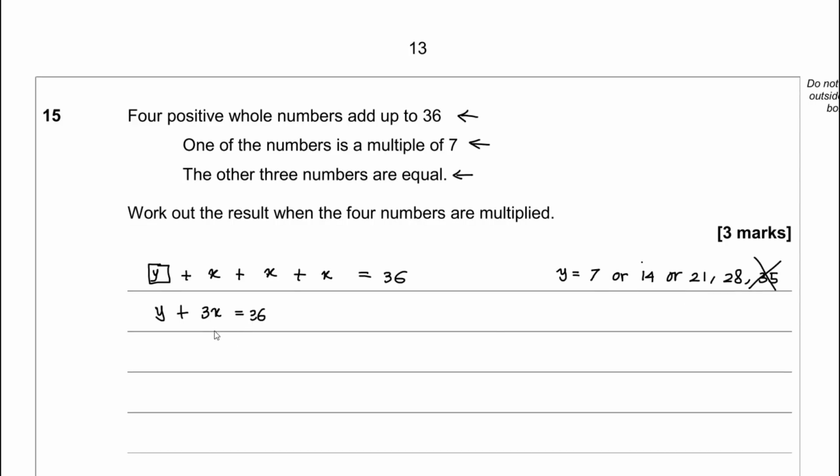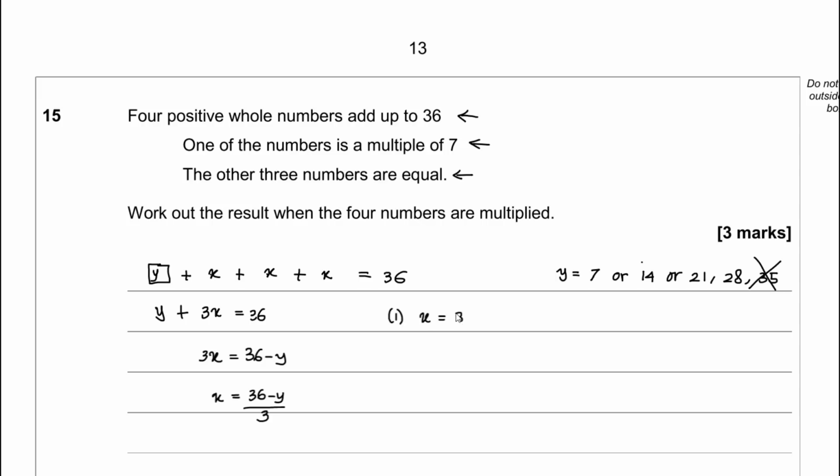What about x? X will depend on which y we have taken. Let's write 3x as 36 minus y, and then x is equal to 36 minus y divided by 3. If you can find any x as a whole number, then that will be the case. So first case, if we take y is equal to 7, then what is x?